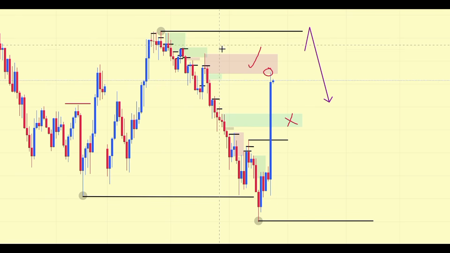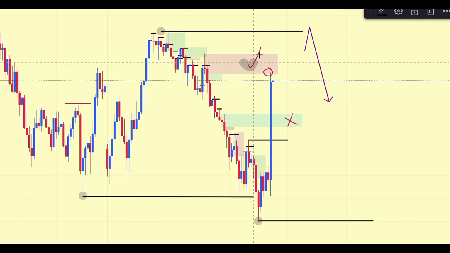Let's say there were four order blocks that met all three criteria. In that case you should filter them to only two, because only two will be working, and the one that will be working is the one that is on the extreme and is unmitigated. You can see these are already mitigated, so this here is on the extreme and it is unmitigated.